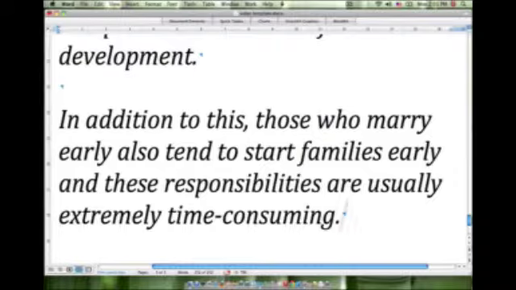In addition to this, those who marry early also tend to start families early, and these responsibilities are usually extremely time-consuming.